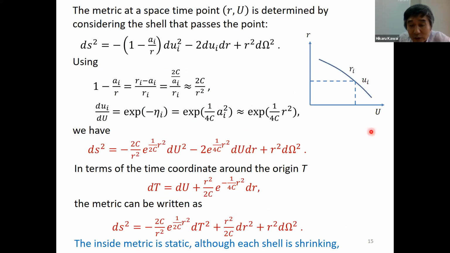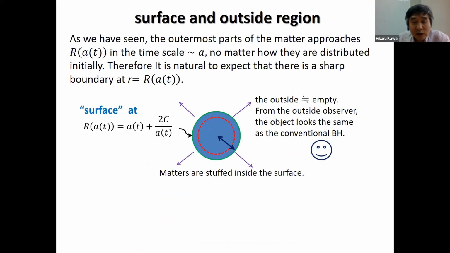So now we are going to discuss the outside region. Before that, we want to consider the surface of this system. As we have seen, the outermost part of the matter approaches capital R in the time scale of a, no matter how they are distributed initially. So this is a point.